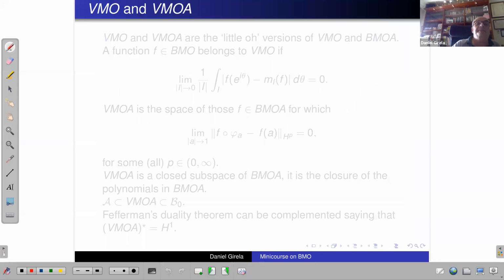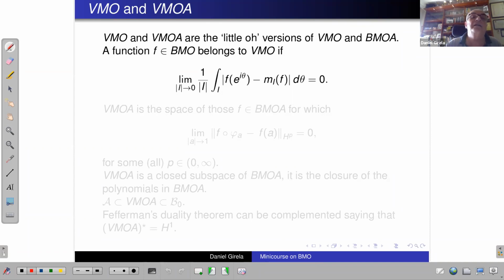Fefferman's duality theorem. Well, I'm going to speak very quickly about VMO and VMOA. I guess that Nicolas Charalambos spoke a little bit about them yesterday. I'm just going to define them, and I'm not going to say much. VMO and VMOA are the little o versions of BMO and BMOA.